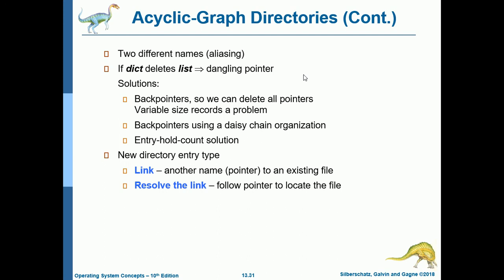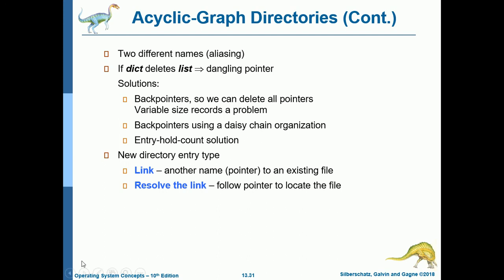Next we have the new directory entry type. We either have a link, which is another name or pointer to an existing file, or we resolve the link, following the pointer to locate the file. As you can already see, to resolve the link, for example, your shortcut in your start menu programs does not look like the icon.